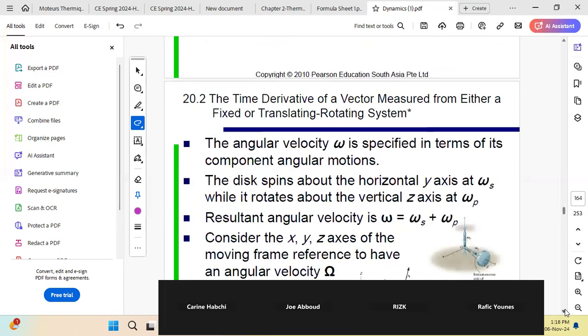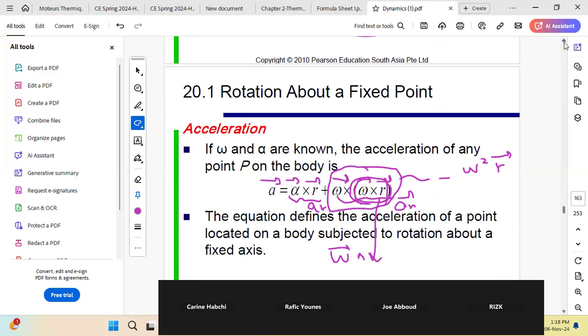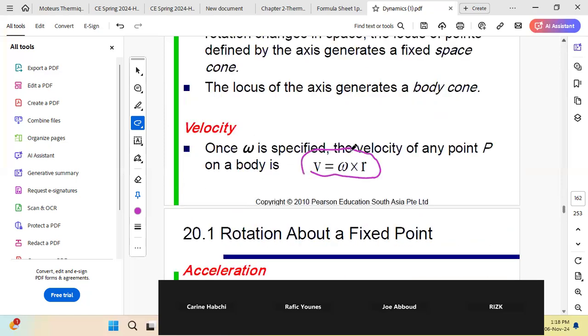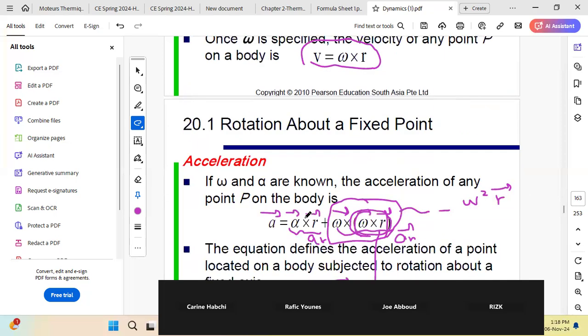Okay. Now, as we were... Doctor, yes, just a quick question because I wasn't very focused. Is omega vectorial r the tangential velocity? Yes, it's the velocity. Actually there is no tangential velocity and normal velocity. In the UT frame you only have V along UT. Yes, it's the velocity along UT because UT is the unit vector of V. Okay, while for A in the UT UN frame, the acceleration is decomposed into a tangential component and a normal component.